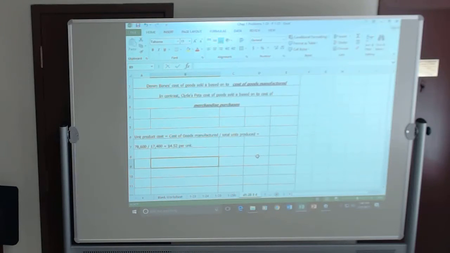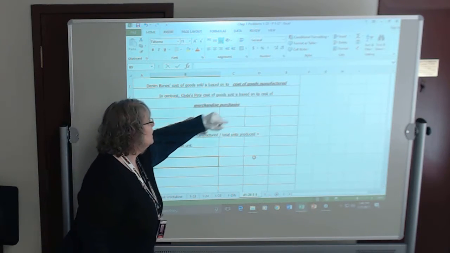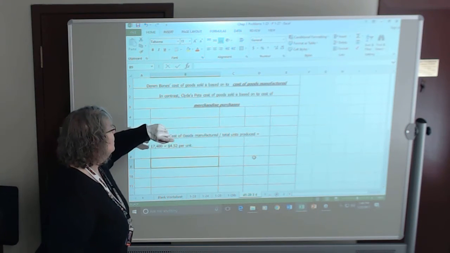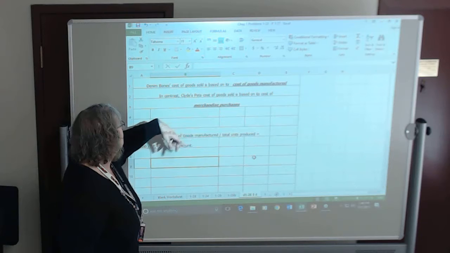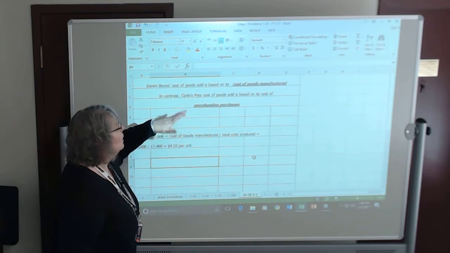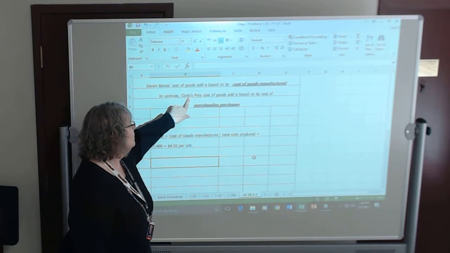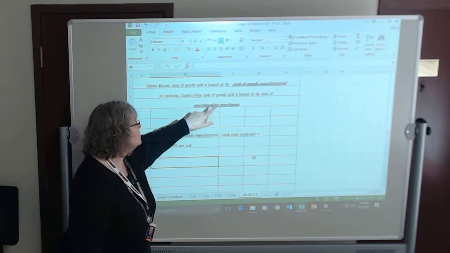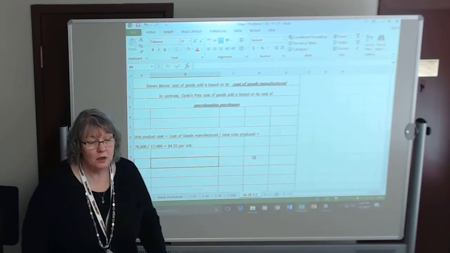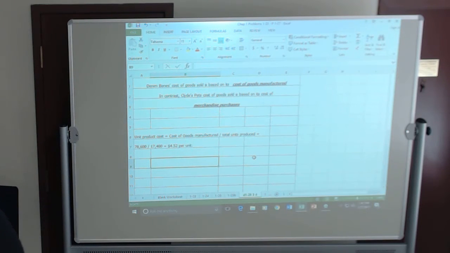Dim & Bones' cost of goods sold is based on the cost of goods manufactured. But I'm sorry, it's Dim & Bones compared to Clyde's Pets. The cost of goods sold is based on a merchandising purchase. So the pet food store is a merchandiser, Dim & Bones is a manufacturer. That's all they're running.